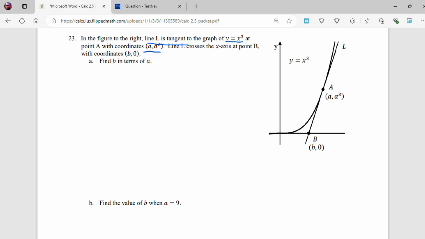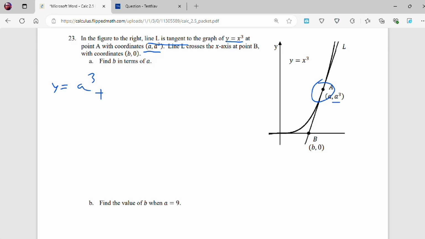We have the information to make a tangent line, and it mentions line L is tangent. So we have y equals, what's y1? Well, a to the third is our y1 at this point.